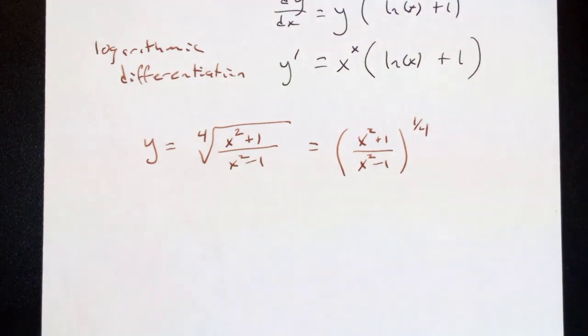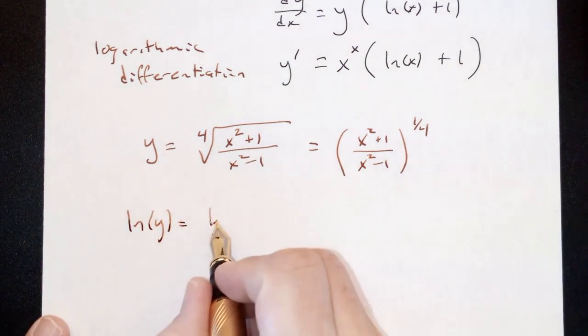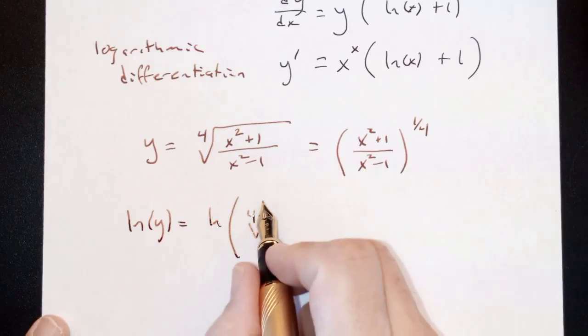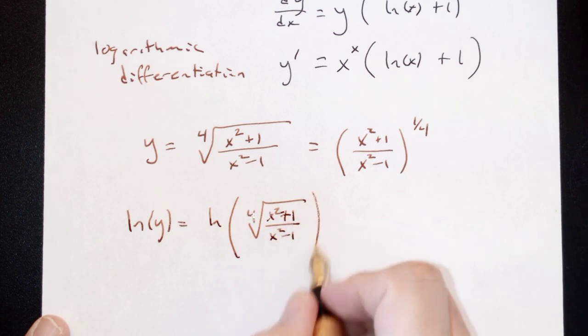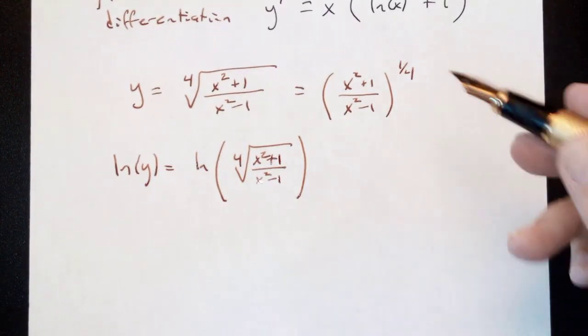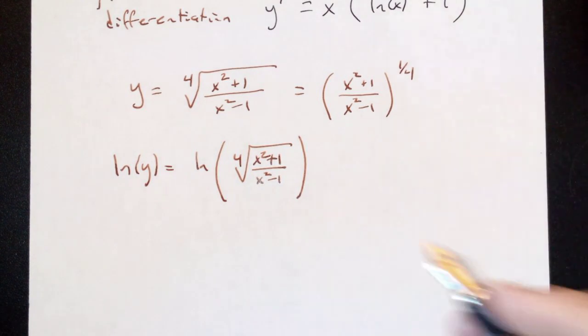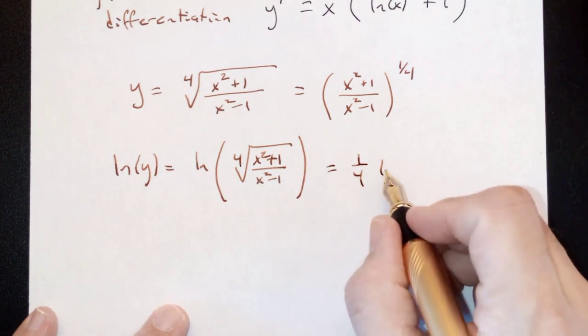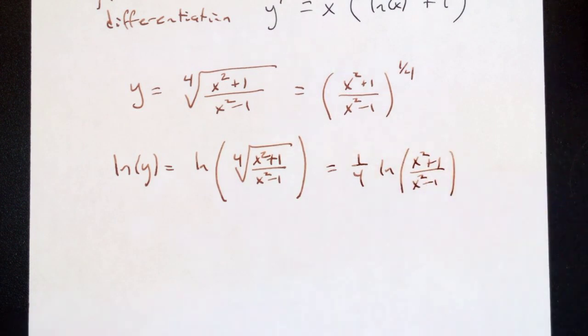Instead of taking the derivative the way it is written, put an ln on both sides. It doesn't really matter, because what I'm going to do is treat it like this, and that's a power, isn't it? What do I do with that 1/4 power? Wait a minute.